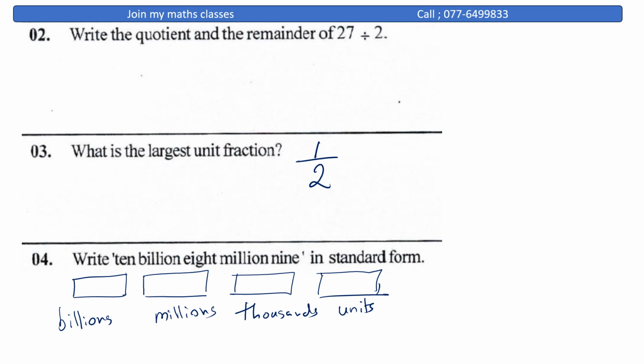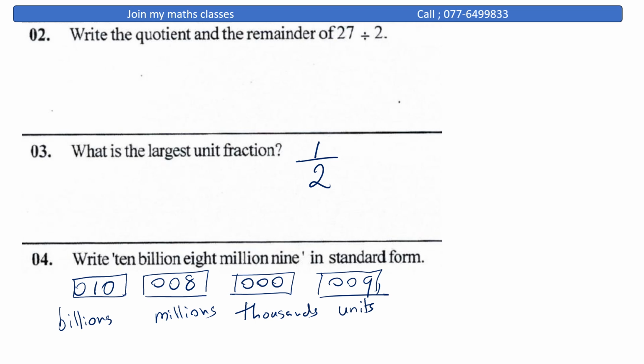So 10 billion, here 10 billion and 8 million. In the period of millions, you can write 8 million, 9, and that means there are no thousands, therefore there should be zeros in thousands, and 9, right? So this is the answer.